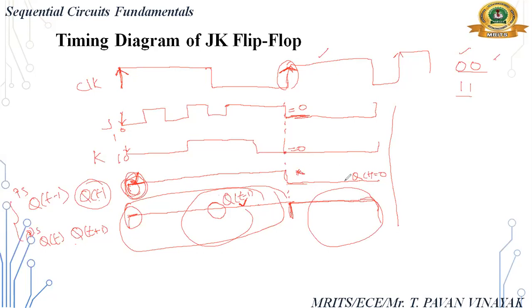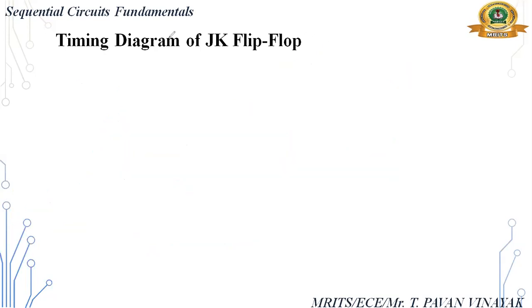Don't consider this one; leave this one. Only for the initial condition you have to check for Q of t. For the remaining conditions, you have to check Q of t plus 1 only for the previous state. Okay, that is the timing diagram. Only for initial conditions you have to check it.